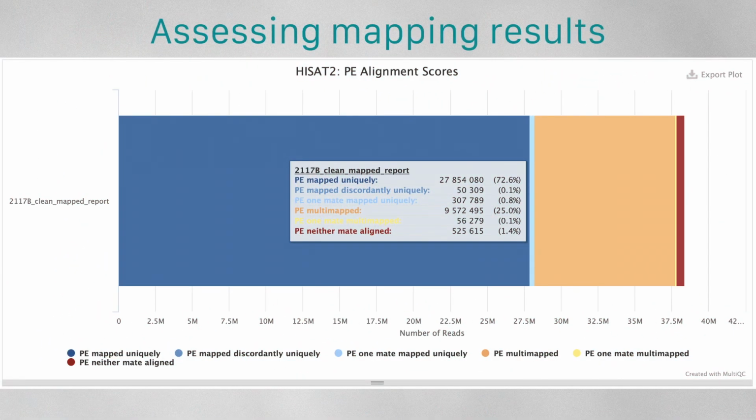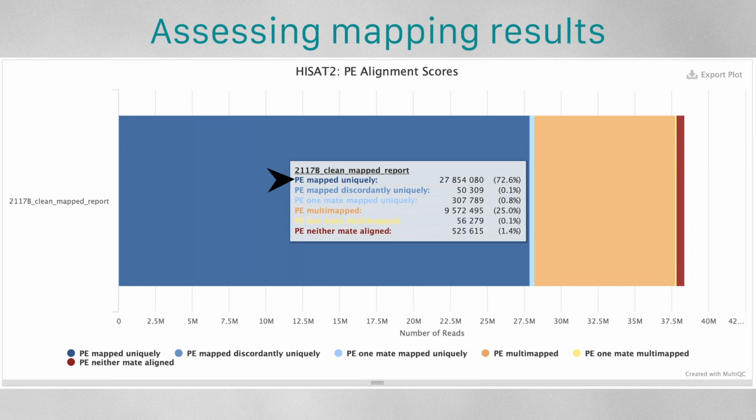Once you have finished with your mapping, it would be wise to assess the results arising from this step. Now, the critical information that you have to consider is the number of reads that map uniquely to a specific region in the genome.